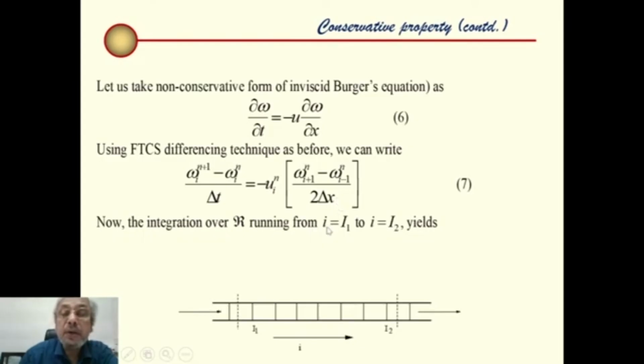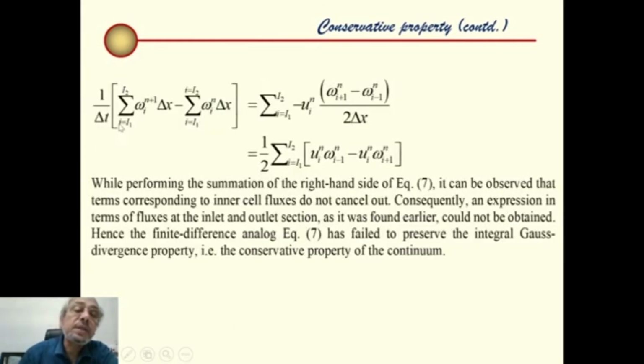And again we will run I equal to I1 to I2. Then if we write down the expressions of this integral, here also we have to write delta x. I have missed that, please be careful. I will try to represent these two slides in my next lecture again so that you can correct that.